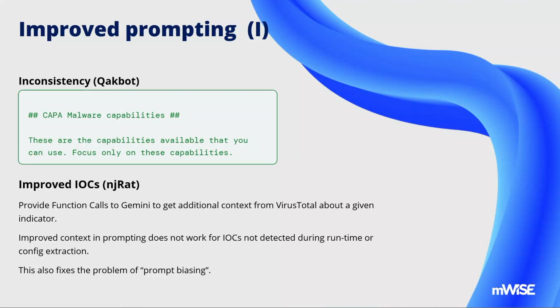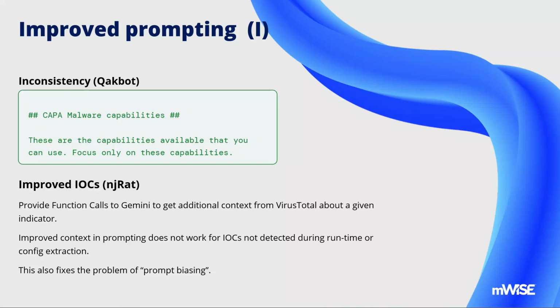Well, that didn't work that well, unfortunately. And in terms of improving the IOCs, as they were provided right to left like we saw before, our approach was to use function calls. In this case, in Gemini, you can say, you can use this API endpoint. Here's the documentation. And you can use it to check this, and that.